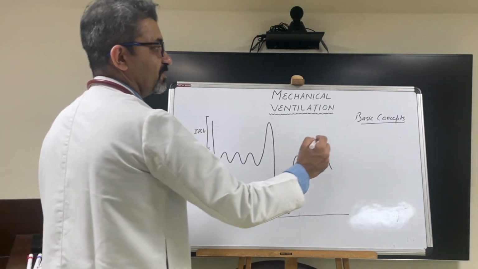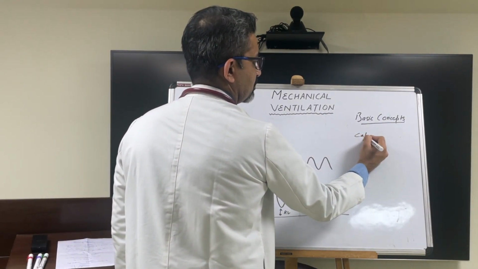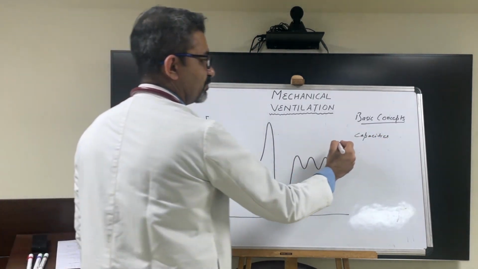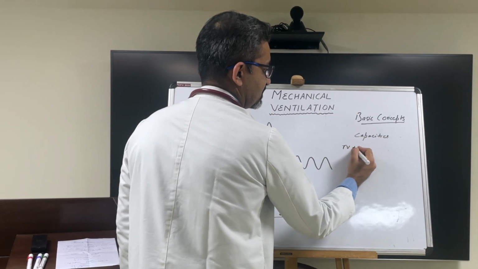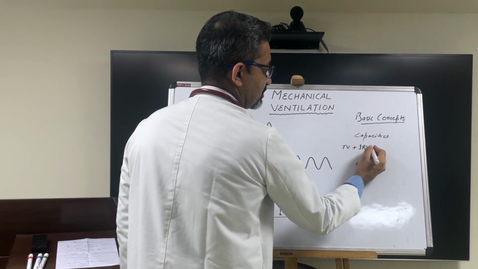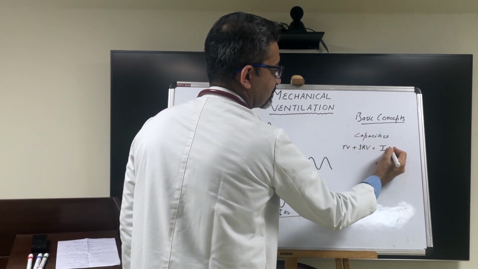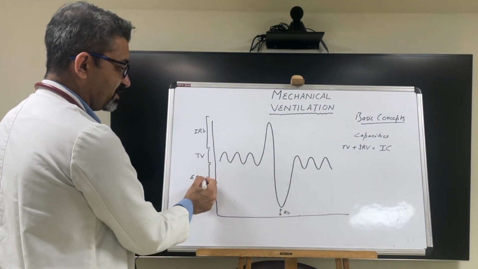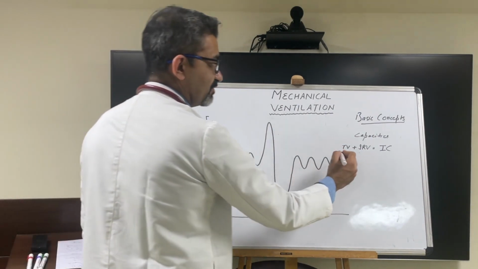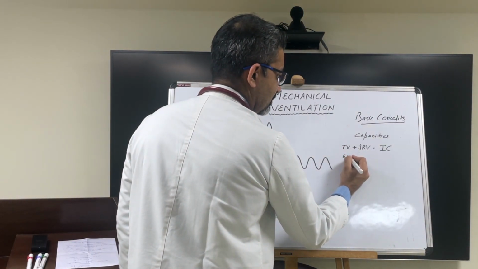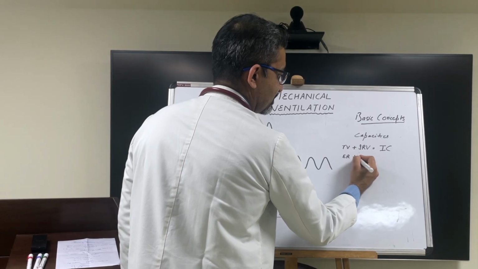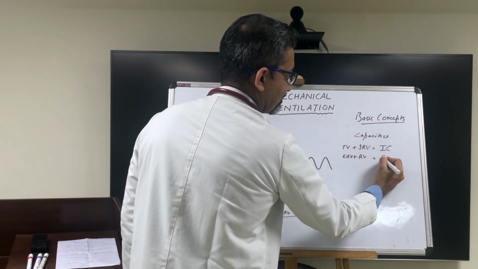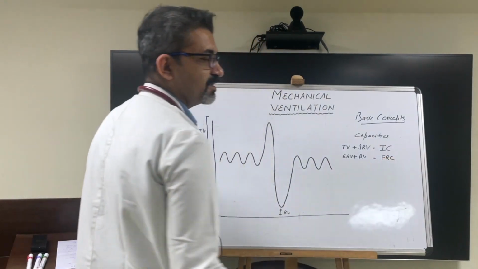Now there is something known as capacities. So tidal volume plus inspiratory reserve volume is inspiratory capacity, right? Similarly, expiratory reserve volume plus residual volume is functional residual capacity, FRC.